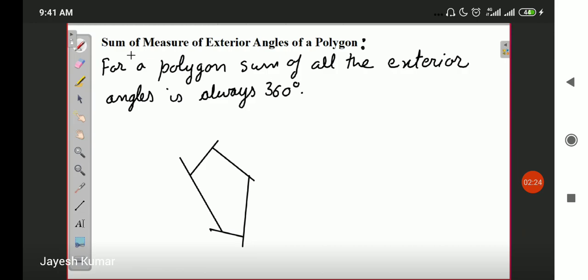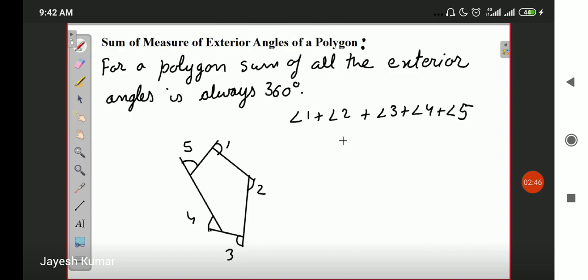So what this property means is, if you add angle 1, angle 2, angle 3, angle 4 and angle 5, all of these angles, the sum is 360 degree. For the sake of reference, I have not taken it as a regular pentagon.